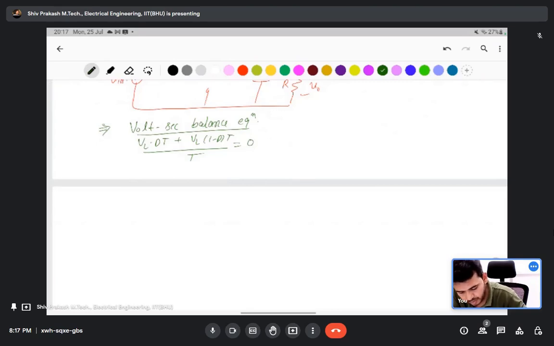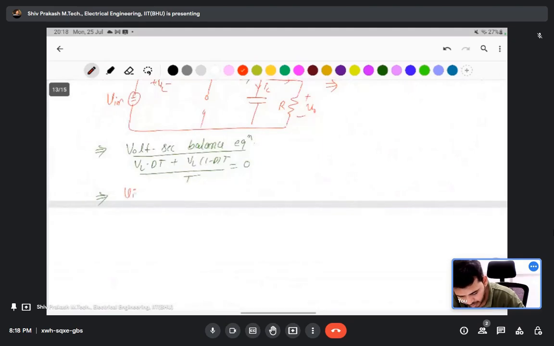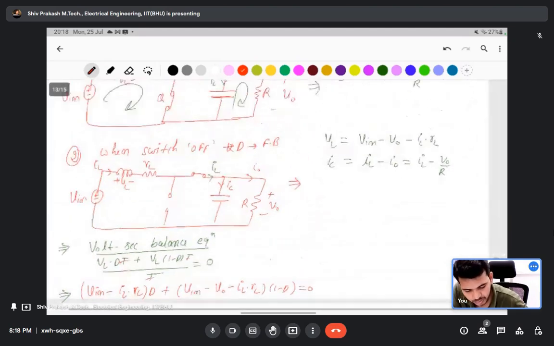Then we find VL. First condition: V in minus IL into RL, multiplied by D. Second equation: V in minus V naught minus IL into RL, multiplied by 1 minus D, equal to 0.